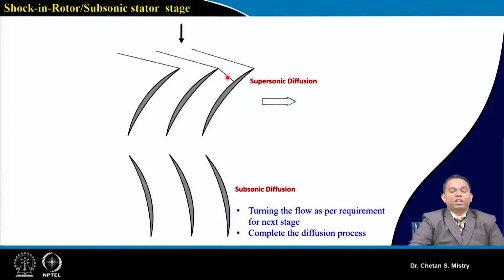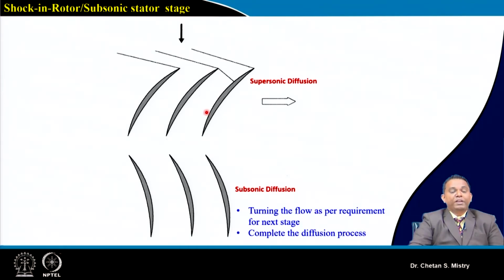Here we will have our passage shock or terminal shock, or we can say normal shock. That is what will cause diffusion to happen. So the diffusion that we are getting is because of the formation of this normal shock. Downstream of our normal shock, the diffusion is happening subsonically.